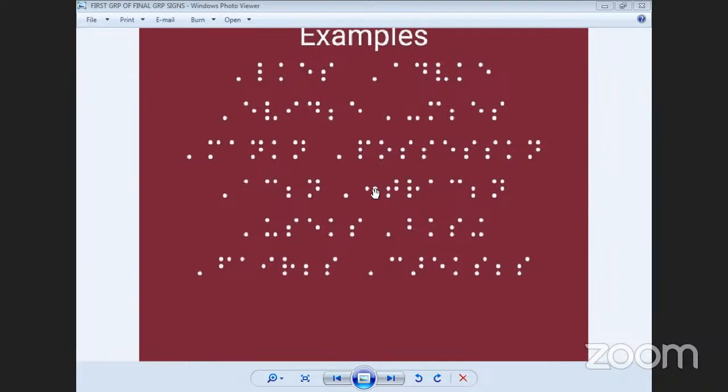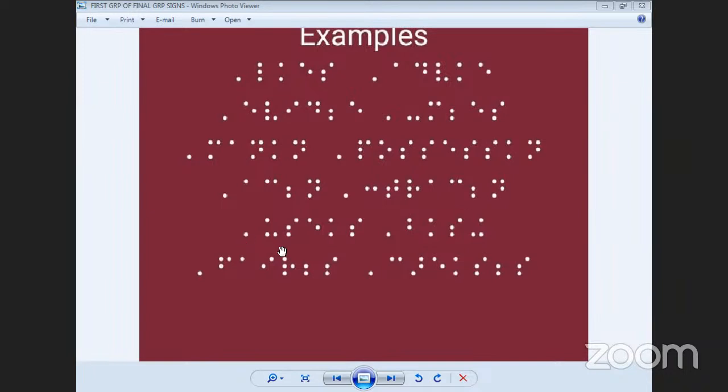Now, yes, Michelle? Contraction. Very right. We said that con, C-O-N, is middle C, which is dots 2 and 5. Con, middle C, then T-R-A-C, then tion is dots 5, 6, N. Contraction.